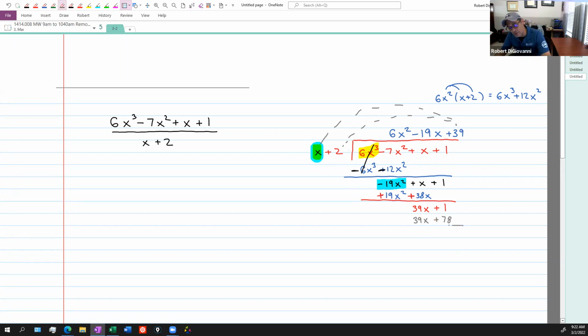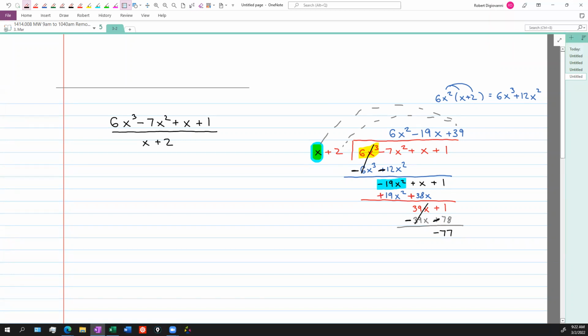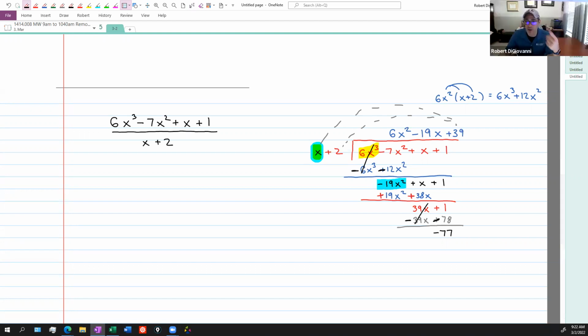Okay, then we will subtract it, right? So don't forget this step of changing the signs. And now when you cancel those out, you get -77. Now look, we need to continue this process. We have to keep going. The question is, when do you stop? And you will always stop when you can't turn your x into what's down here.